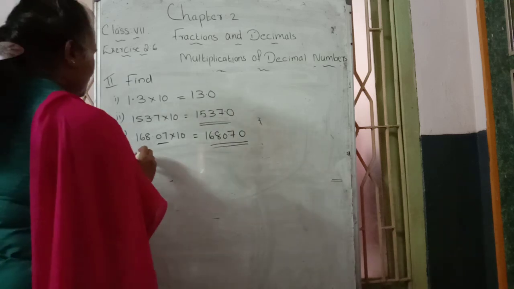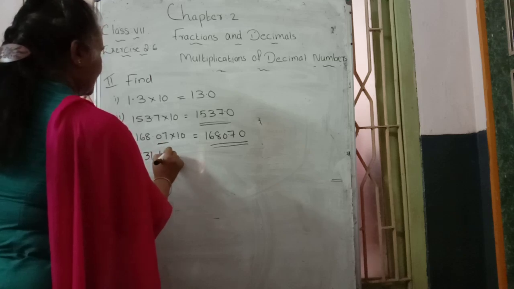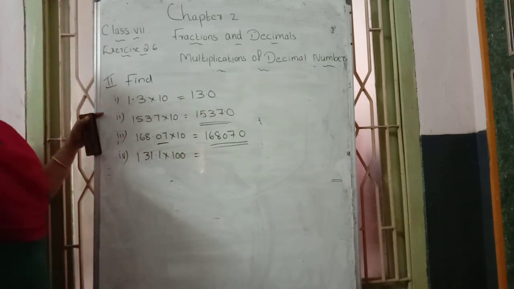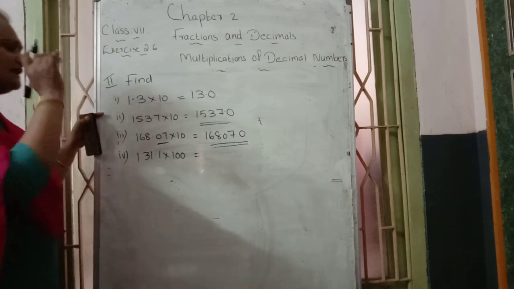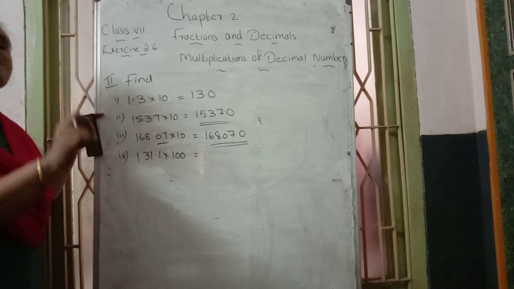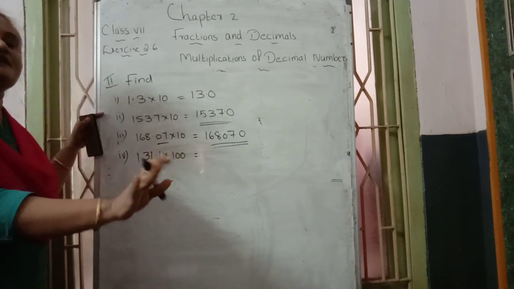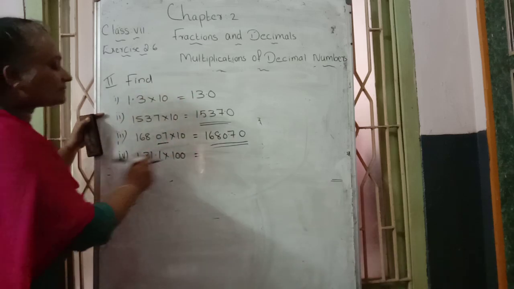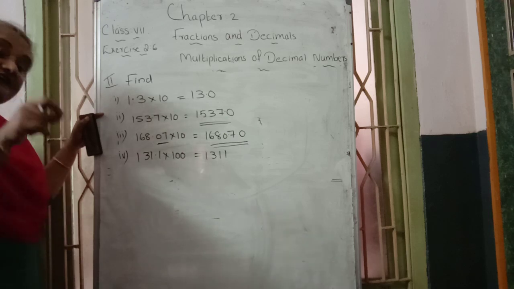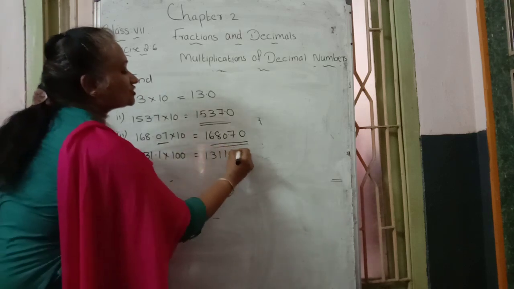The next one here: 131.1 into 100, next we want to multiply with 100. In the 100 case, how to multiply? Same process only. First, write the same multiplicand place number without the decimal point. Which is that number? 1311 is our number. Then 100 carries how many zeros? 2 zeros. Just those 2 zeros you keep.